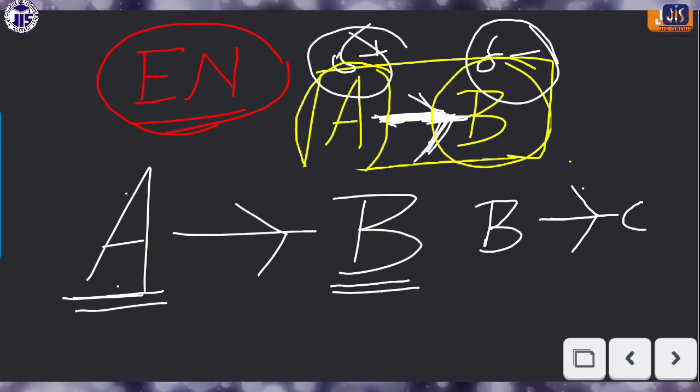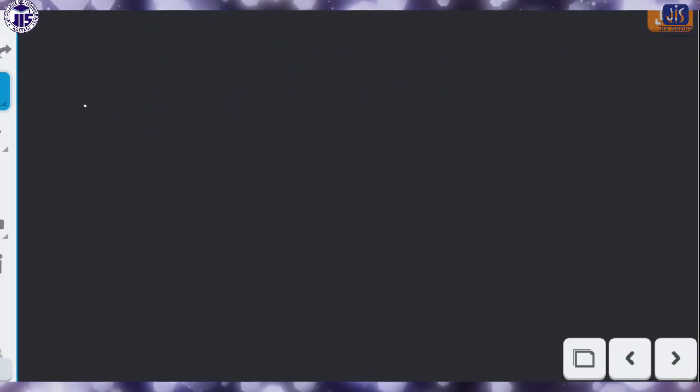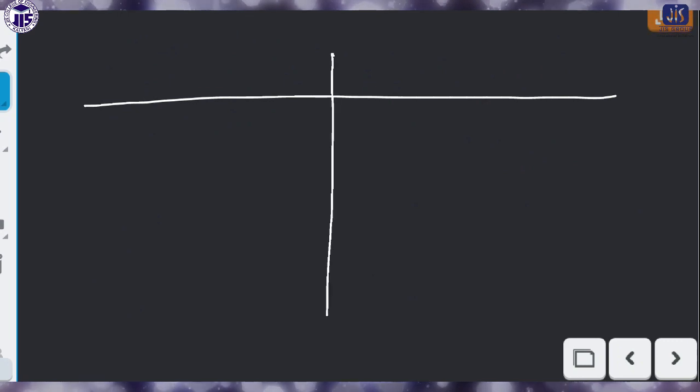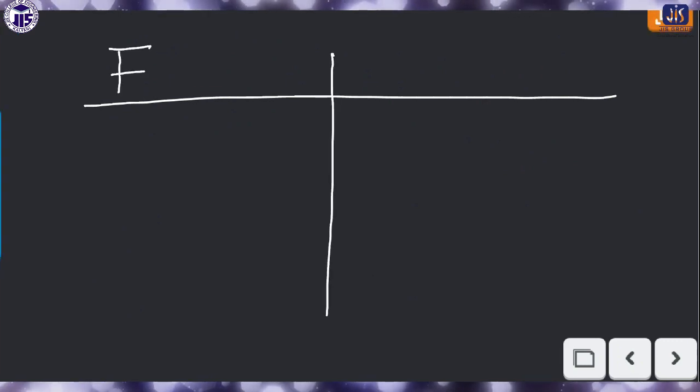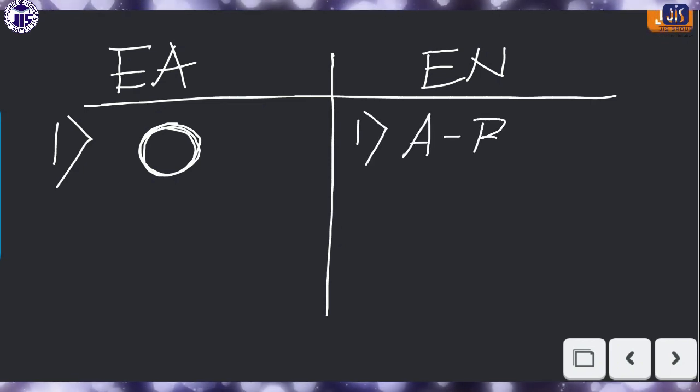Now how can we differentiate, because both are a tendency of attraction of the electron pair? How can we differentiate electron affinity and electronegativity? Electron affinity is applicable for an isolated gaseous atom, whereas electronegativity is applicable when the atoms are attached with a covalent bond.